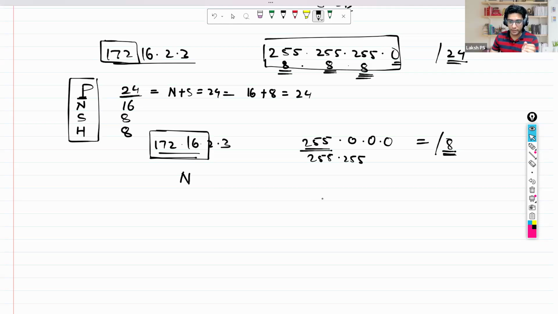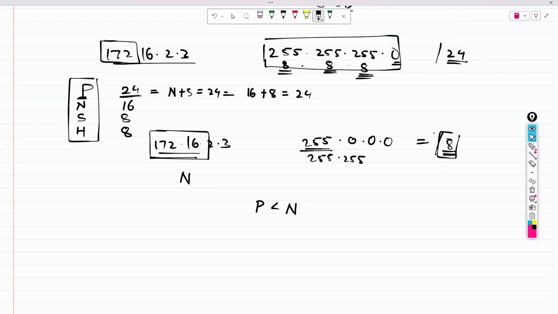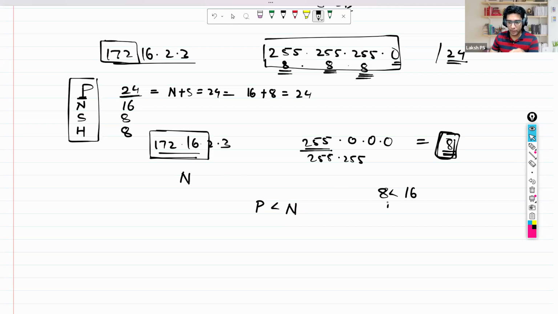Or I can say that your p bits is less than your network bits. P is /8. Total number of ones is /8. However, your network bits, n, is 16. 8 is obviously less than 16. P is less than n. So over here, your subnetting will cease to exist.